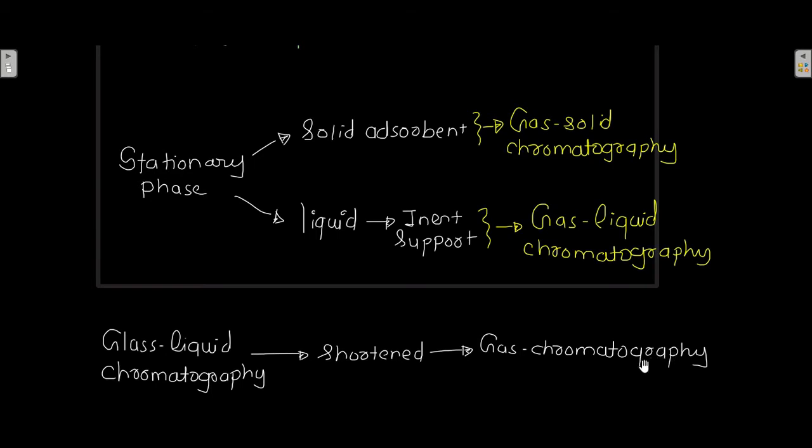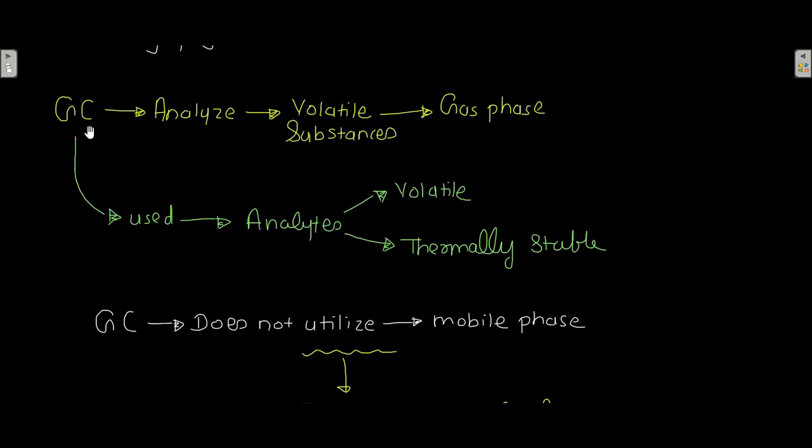Now, this gas chromatography, which is abbreviated as GC, is used to analyze the volatile substances present in the gas phase. It is used for those analytes which are volatile and also thermally stable.